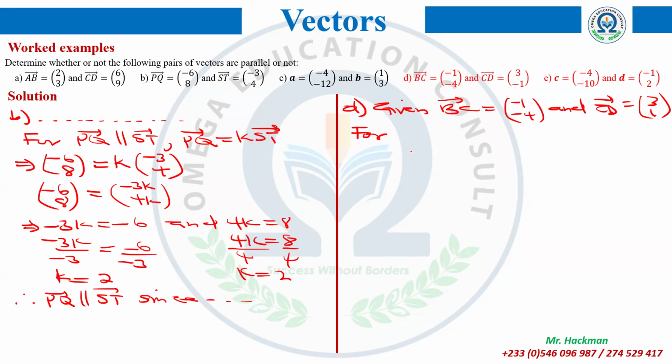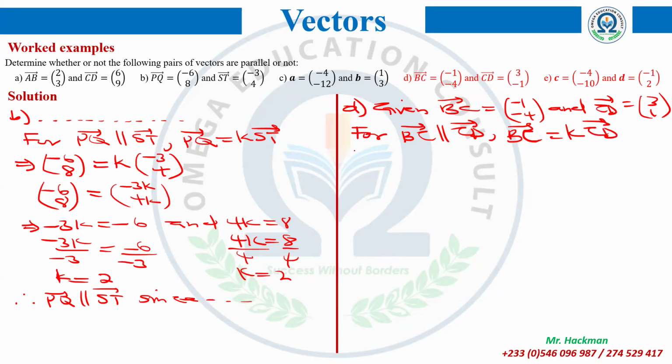So for vector BC to be parallel to vector CD, what's the condition? Vector BC should be equal to k times vector CD.